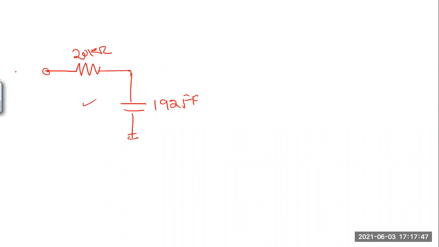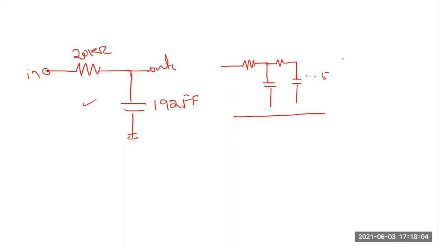This is in, this is out. So for distributed, use 5 sections for the left side and 5 segments for the right.